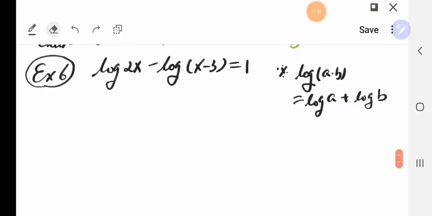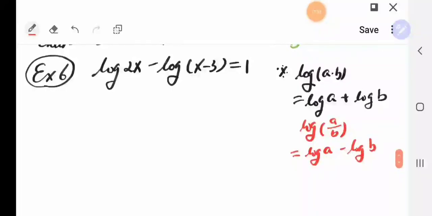So here, this is, and then also minus. Here's another one. If the logarithm is the log of a over b, then this becomes a subtraction: log of a minus log of b.